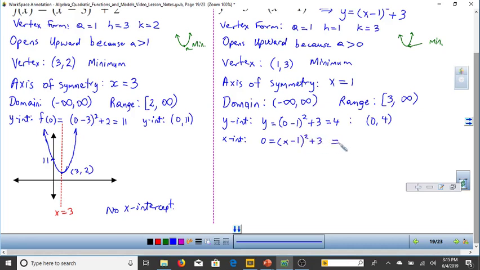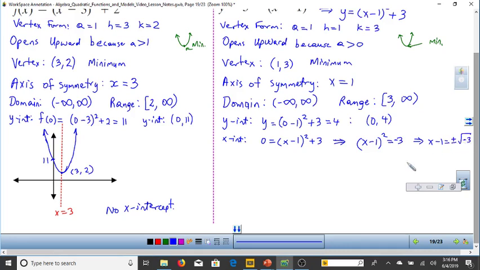Now, this I can solve by PEMDAS. There's only one x variable in a quadratic, so I just get rid of the weakest link, subtract 3 from both sides, and then find the square root of both sides. And when I do that, if I subtract 3 from both sides, I get a negative 3. So I end up with plus or minus square root of negative 3.